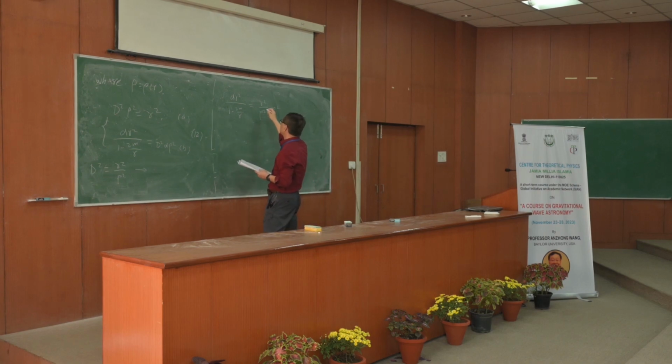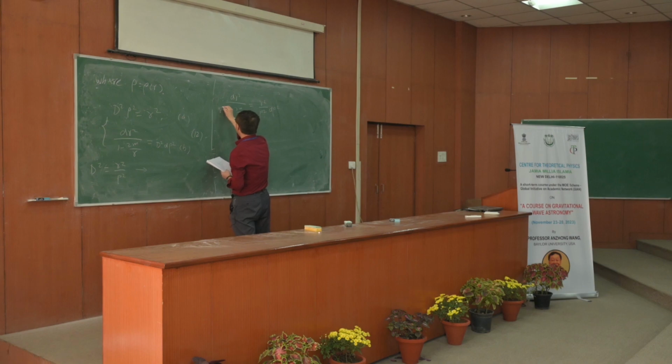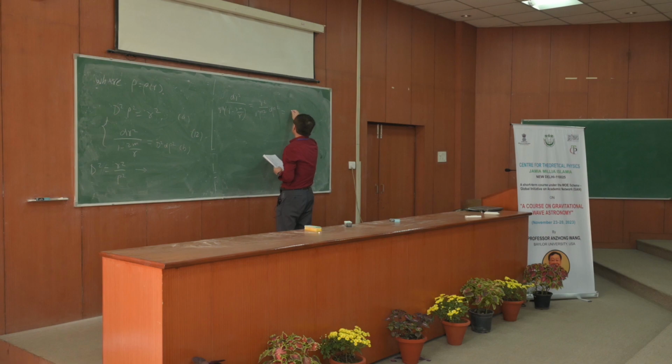So I can, on both sides, divide by r squared, and this will give d rho squared.